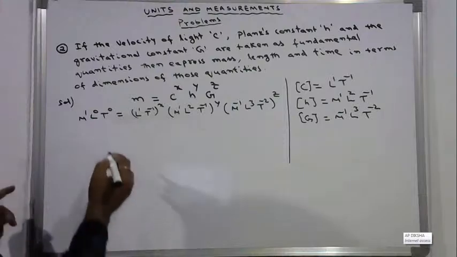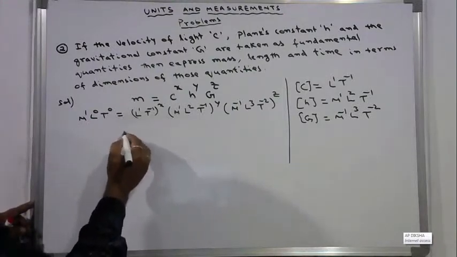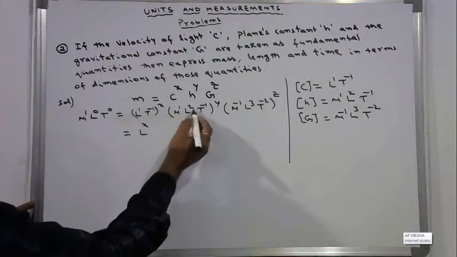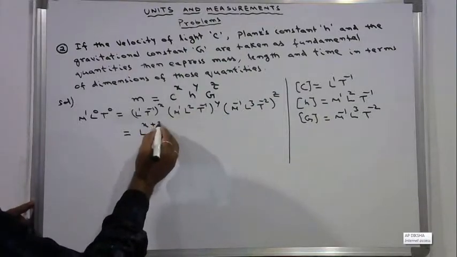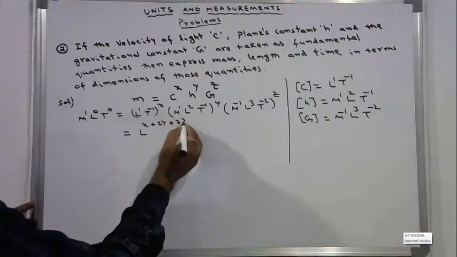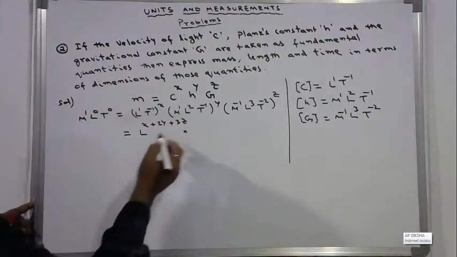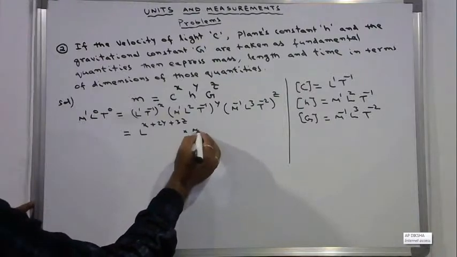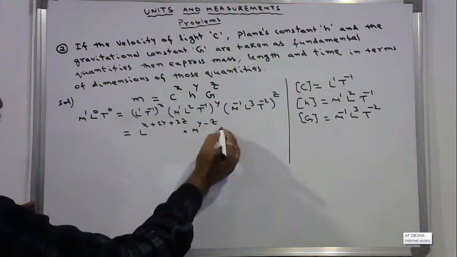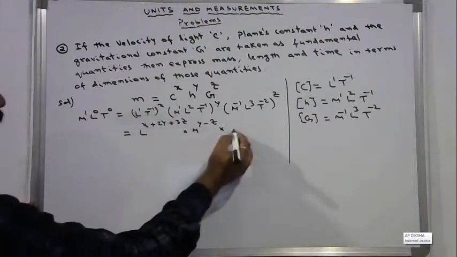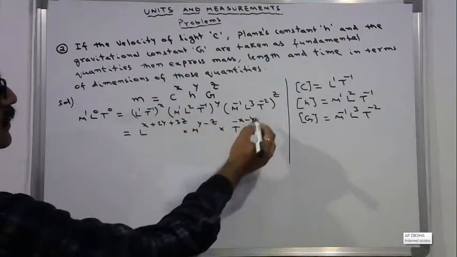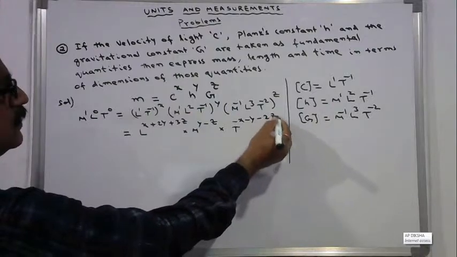Now let us separate the mass, length, time. So L power x, here L square 2y, so I write here this is 2y and this is 3z, into mass M power y minus z, into time t power of minus x minus y minus 2z.